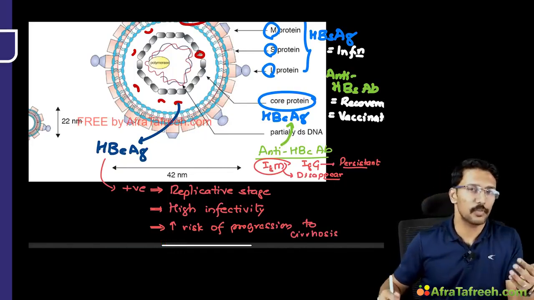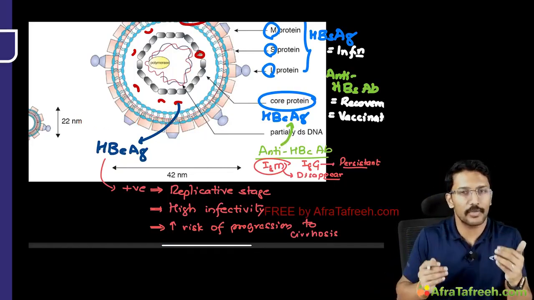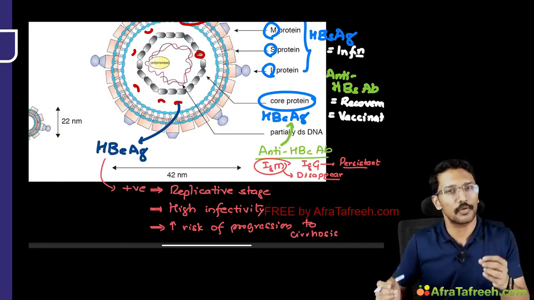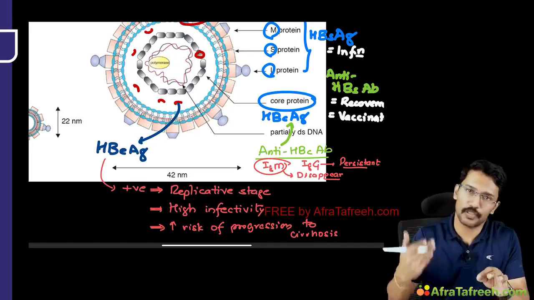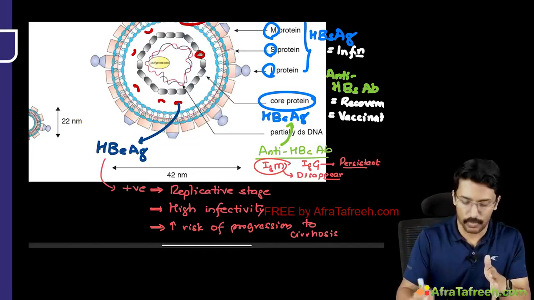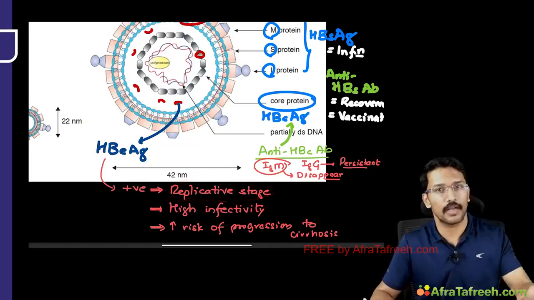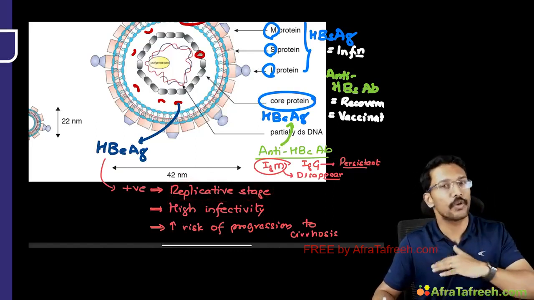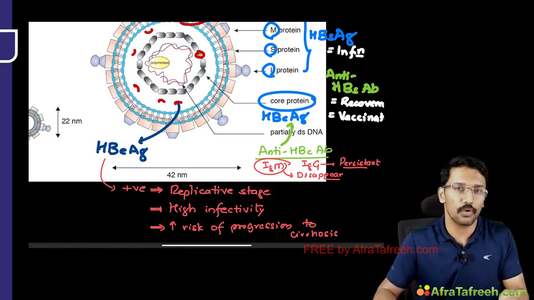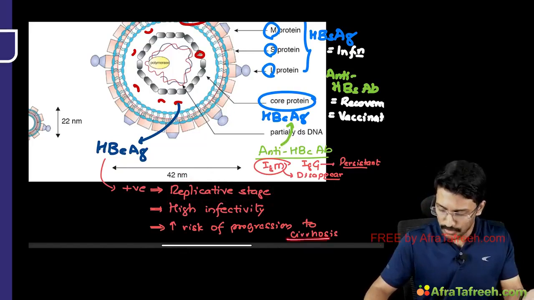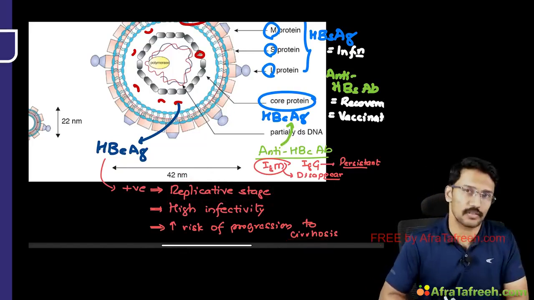When I say it is not cytopathic virus, it means it is not directly damaging your hepatocyte. So what is damaging the hepatocytes? It's not the virus, it is our immune system, host response. But higher the replication, higher the viral particles, more virulent will be the host response. So more chances of hepatocyte injury and eventually development of cirrhosis, right?